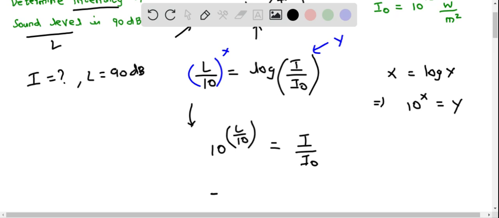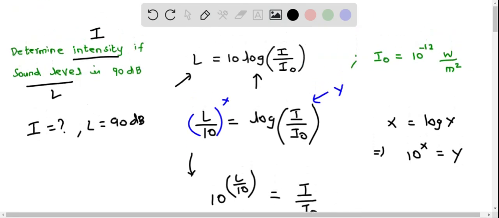And this means we can now solve for I by multiplying both sides by I naught. So therefore, the expression for I equals I naught times 10 raised to the power of L over 10. Now let's put the values of I naught as well as L as given in this question.